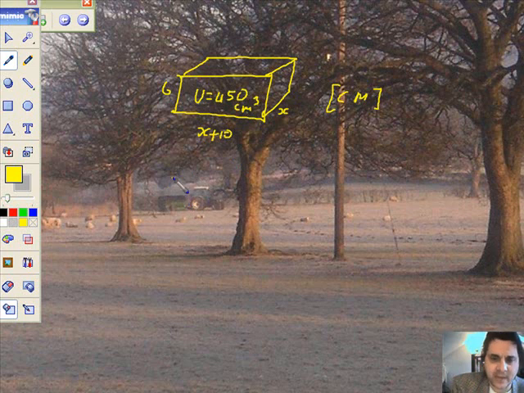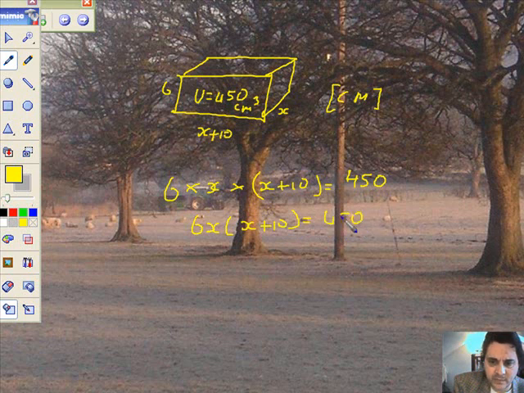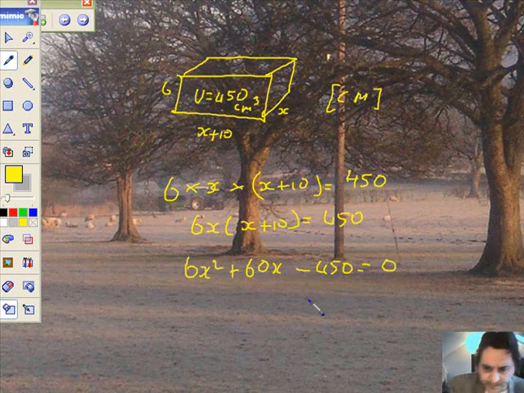Okay, so how do we do it? 6 times x plus 10. Is that fair enough? All comes to 450. Right, so what I've got here, I've got 6x multiplied by x plus 10 equals 450. Bust it open. 6x squared plus 60x minus 450 equals 0.